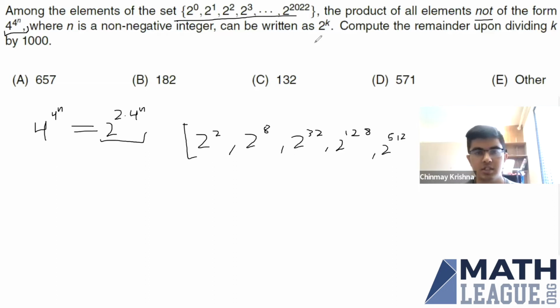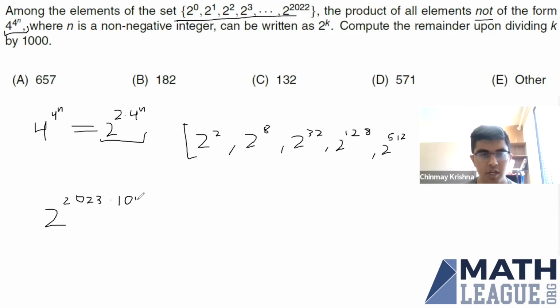So now we just need to find the product of the rest of them. If we're taking the product of 2 to the 0 all the way up to 2 to the 2022, the product of those numbers would just be 2 to the power of what we get when we add all of those powers together. So that would be the total number of numbers, 2023, times the average, which is 2022 divided by 2, or 1011.